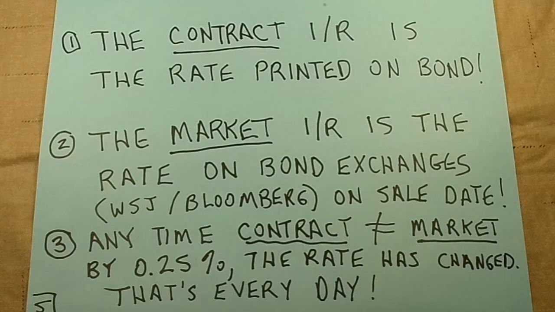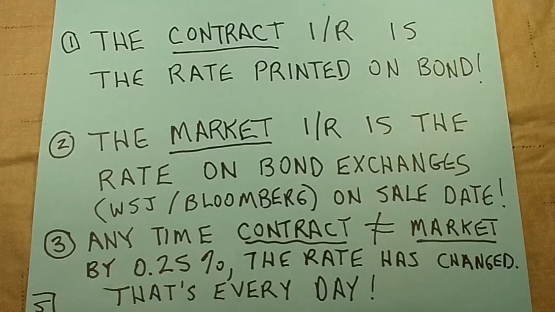The market interest rate is the rate on bond exchanges, and I've given you examples here like the Wall Street Journal or the Bloomberg quoted interest rate on the sale date. Now, anytime the contract rate and the market rate are different by less than 1%, notice the answer is not anytime they're different by less than 1%.